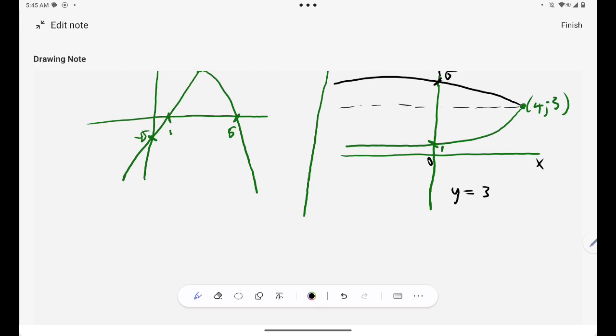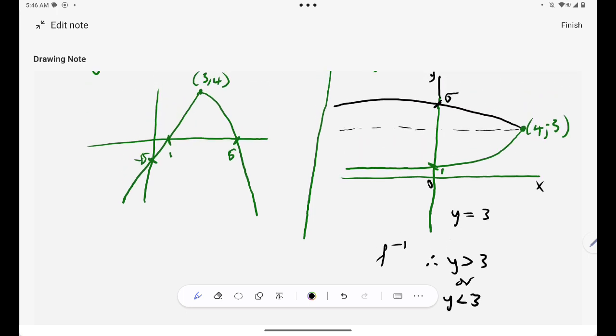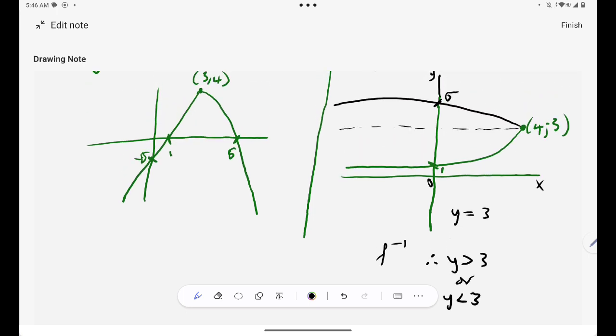So you will be told whether you must draw the inverse of f where y is greater than 3 or where y is less than 3. When y is greater than 3, we'll only see the black part only. But when y is less than 3, we'll only see the green part only.